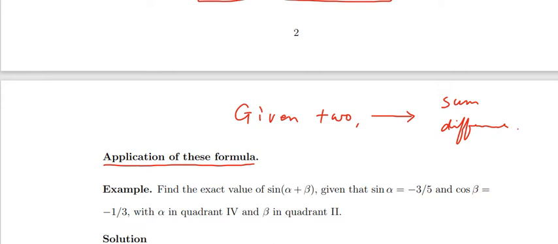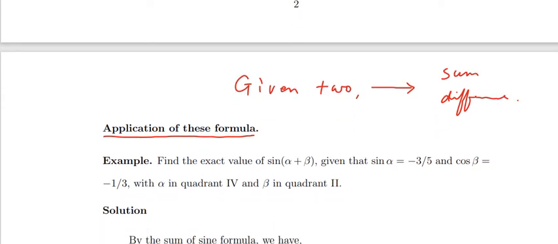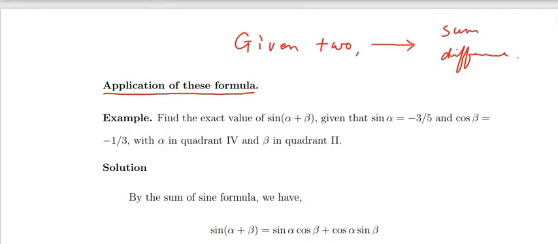So let's check a typical example. We have two angles, alpha and beta. I will not tell you directly that alpha is 30 degrees or beta is 40 degrees. I just tell you that I only know sine alpha equals this, and for beta, I just tell you cosine beta.